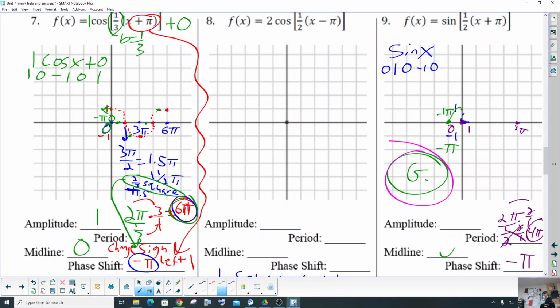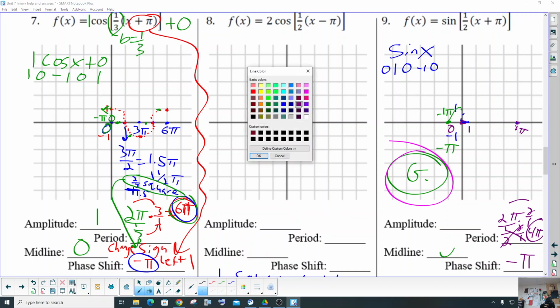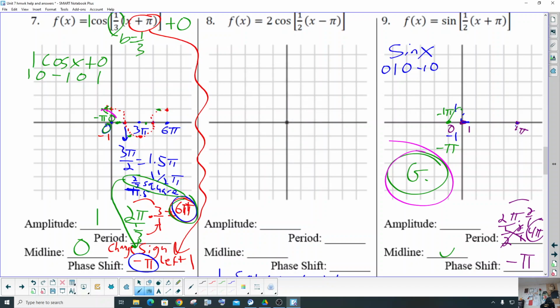So our graph, let's do hot pink. We'll start here, and we'll connect our dots, just barely to the left of our parent function. That's our graph.